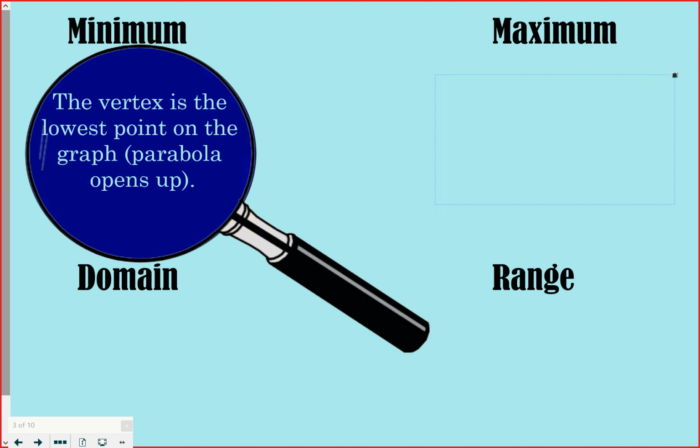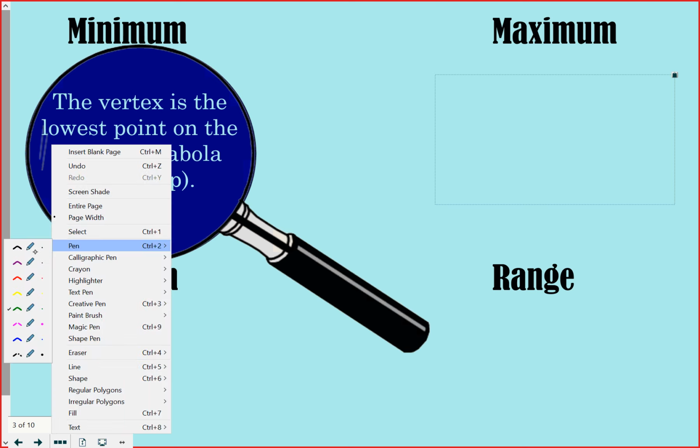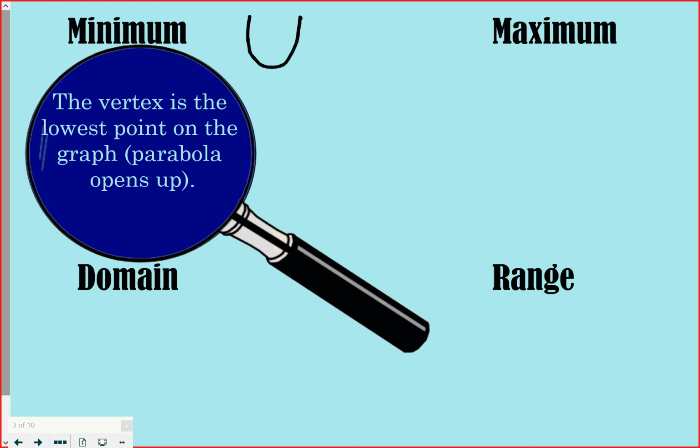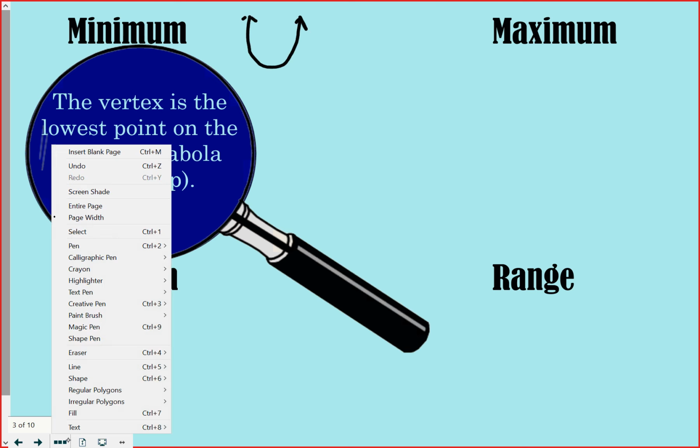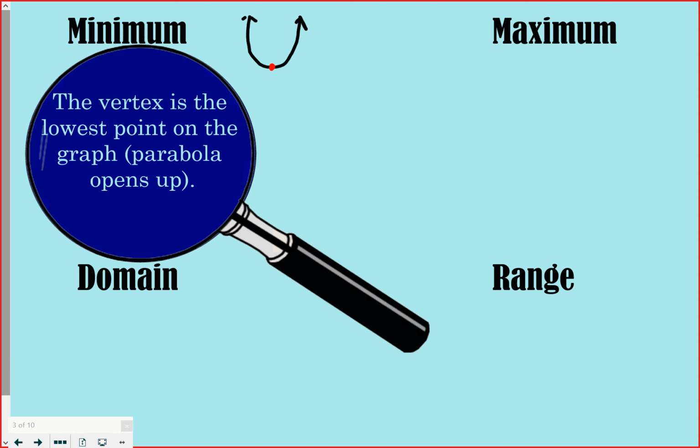If I draw it out, once again, here's my graph. It's opening up. We have our vertex right here, but we can also call this the min, or minimum.